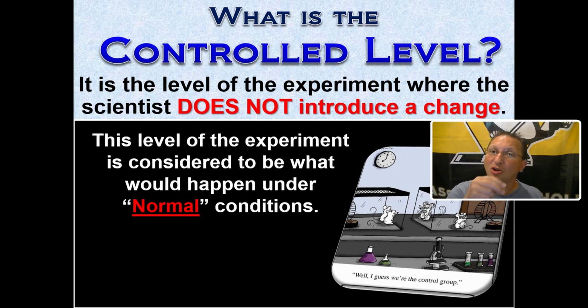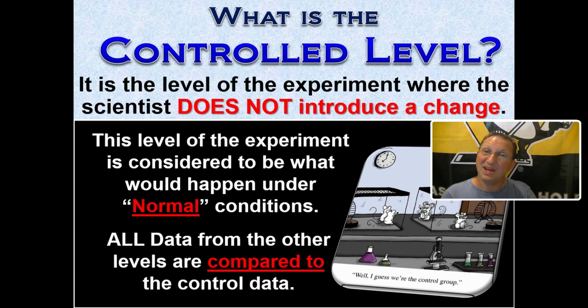So that would be our controlled level. In the lemonade example, maybe most lemonades, you put 1 scoop of sugar in it. That's the normal way that you do it, not 10 scoops, not 5 scoops, but 1 scoop. So it's always what is typical, what is normal.